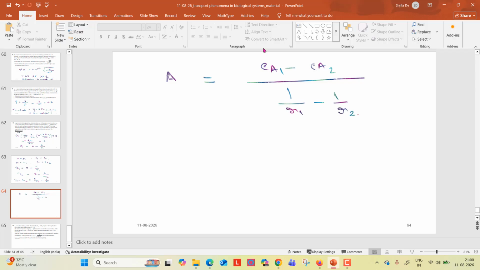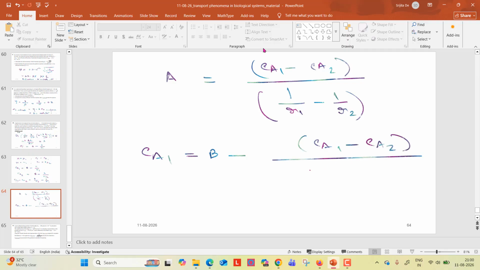Okay. Now what will be the b? So if you put the value, Ca1 equals b minus Ca1 minus Ca2 by r1 into 1 by r1 minus 1 by r2.